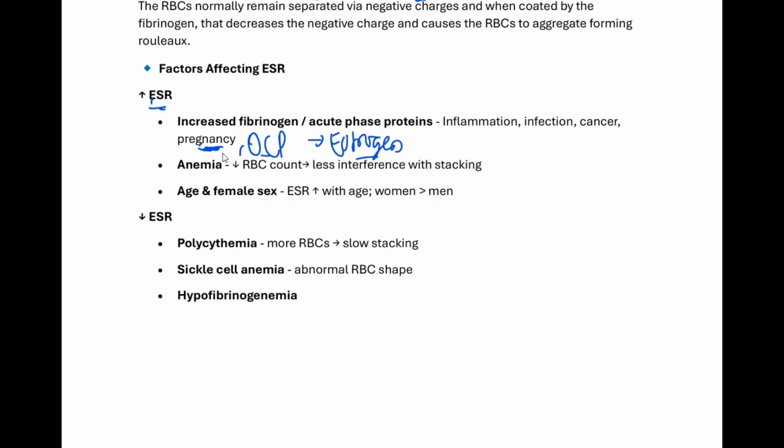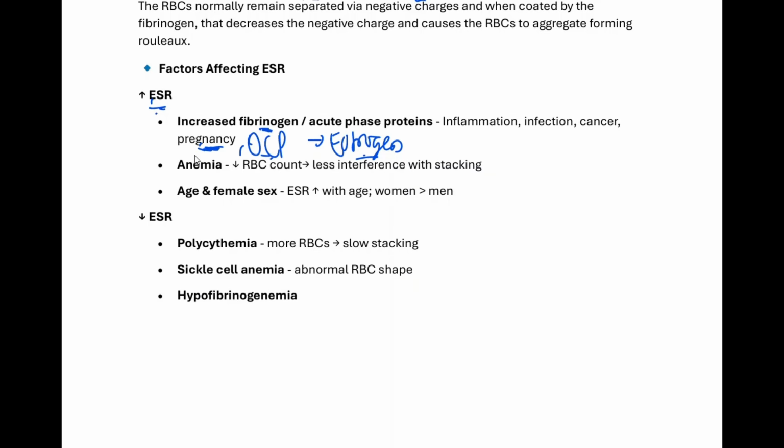So the estrogen from the pregnancy or from the OCP that they are taking could stimulate the liver to make proteins or clotting factors. And that's why people taking estrogen or who are pregnant could have an increased risk for deep venous thrombosis. So because of that estrogen, that will increase production of fibrinogen, and that will increase ESR.